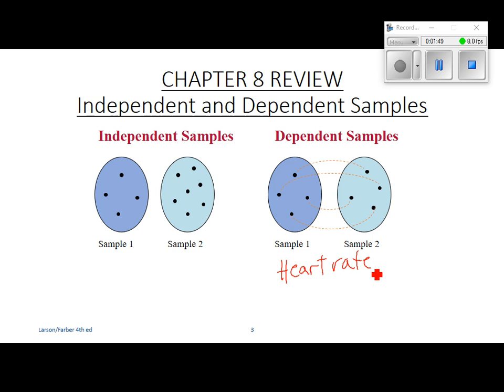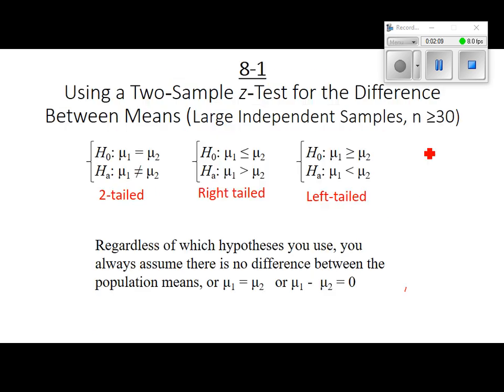They match up because I'm comparing you to you. Over here, we're comparing maybe a Goodyear tire to a Michelin tire. They don't match up. Does that make sense? So independent, dependent samples. Wasn't anything real hard about that. We used it throughout the chapter.